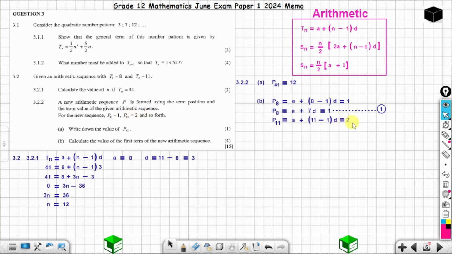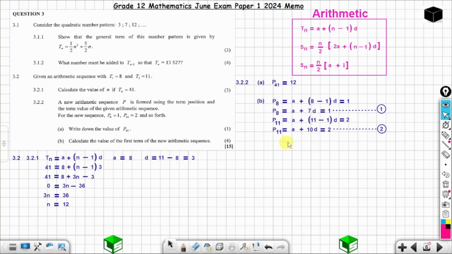So P11 is equal to A plus 10, 11 minus 1, 10D, which is equal to 2. So this is going to be our second equation. Now we can find D, and then after finding D, we can find A.